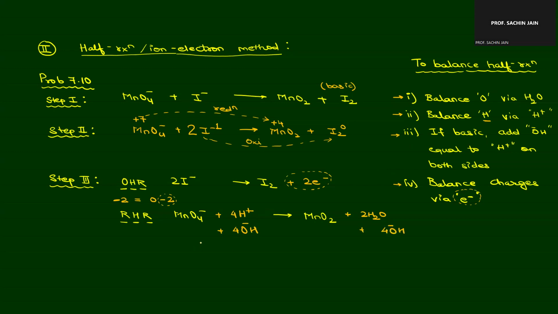So I'm adding 4OH minus on both the sides. Having done that, as I said, these OH minus will be neutralizing the 4H plus, effectively giving you 4H2O. So I'm just rewriting this equation. MnO4 minus with 4H2O is giving MnO2 plus 4OH minus and twice H2O.